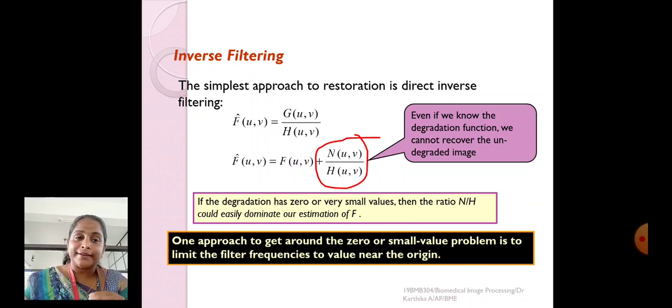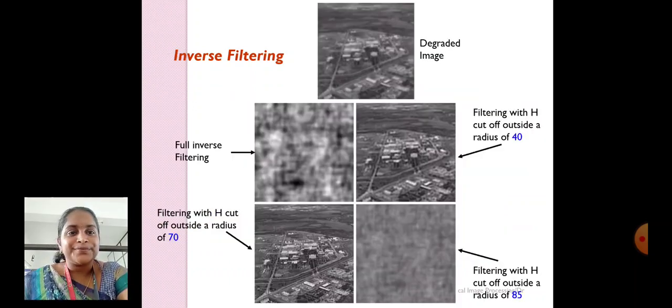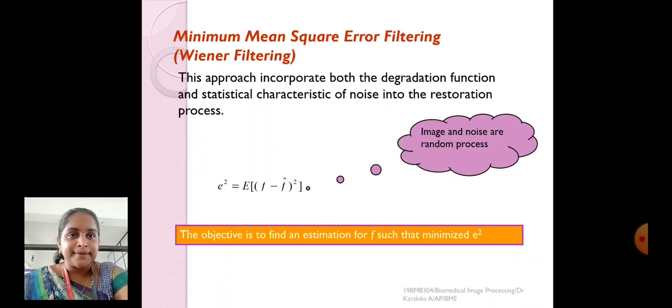One approach to get around the zero or small value problem is to limit the filter frequencies to values near the origin. Here we have inverse filtering: the degraded image, full inverse filtering, and filtering with H cut off outside of radius 40, radius 70, and radius 85. Based on the application, we can use either 70, 40, or 85.